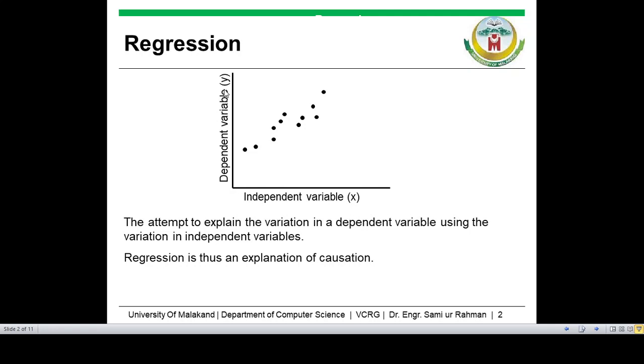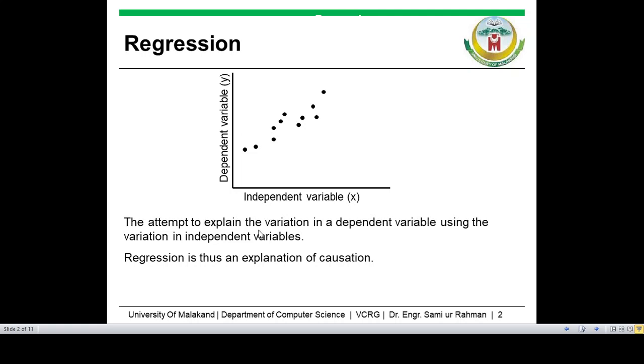So the change in variable y is dependent on variable x, but the x variable is independent. It has nothing to do with the variable y, although variable y is dependent on variable x.